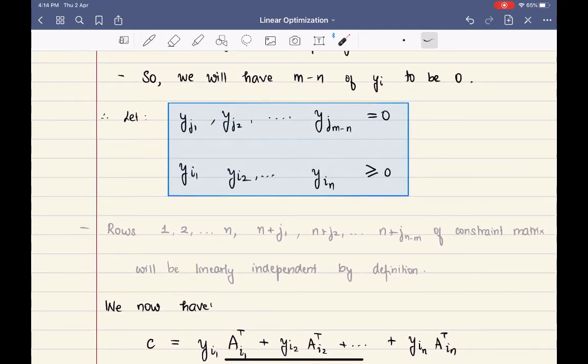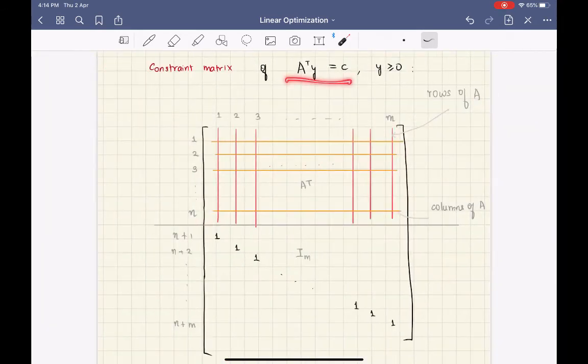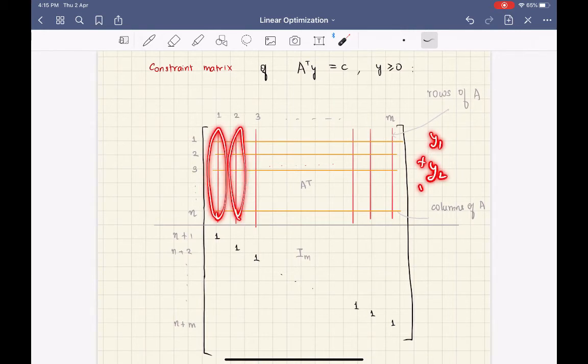Firstly, from the equations, we have y1 times this thing plus y2 times this thing plus y3 times this thing and so on plus ym times this thing is equal to c, right?